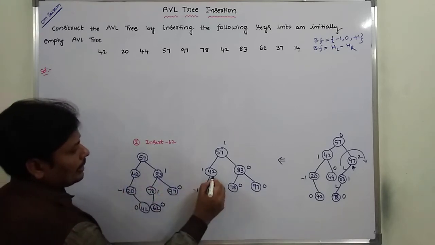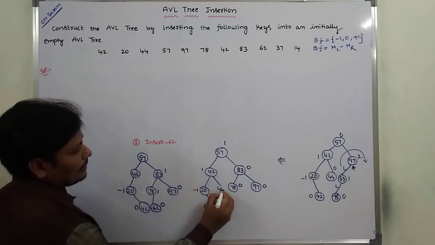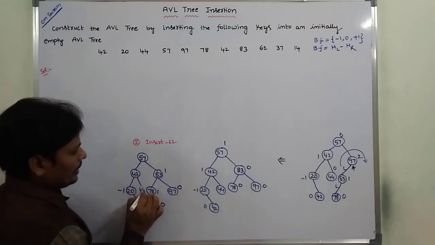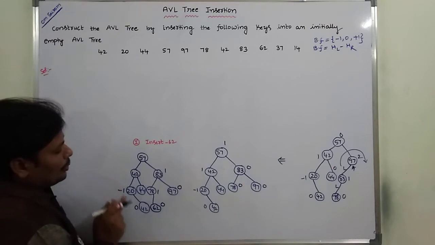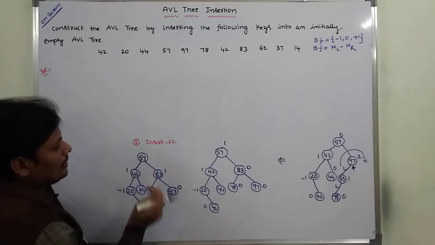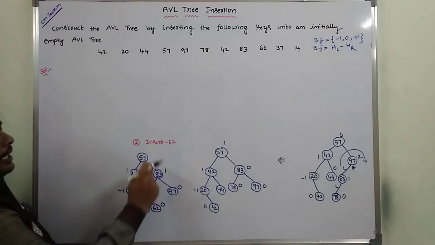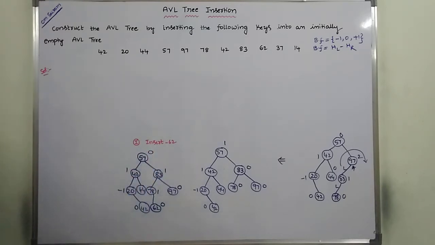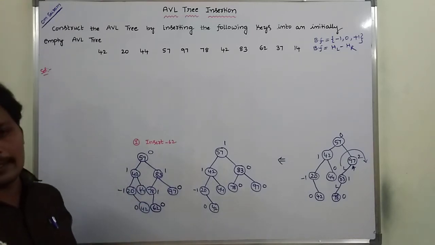Sorry, 42's right child is 44. Here 2 minus 1, that is 1. So now this is 3 and this is 3. 3 minus 3, that is 0. All the balance factors are 0, 1, minus 1. So now it becomes an AVL tree.